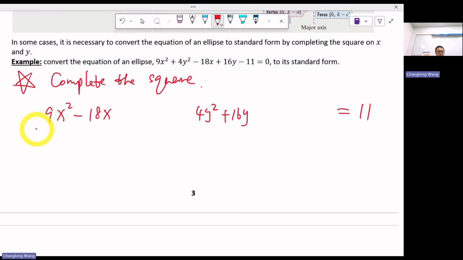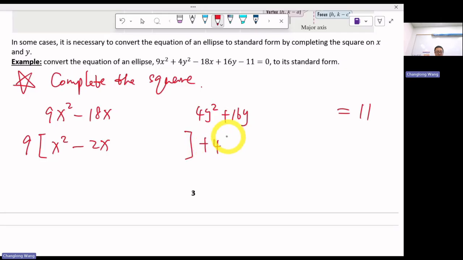So now I'm going to put a bracket, and I'll factor out the 9, so I'm left with x squared minus 2x. You see how I did that? Just take out a 9. I'm leaving a space because I'm going to add some additional terms, and I'll do that to the y terms.